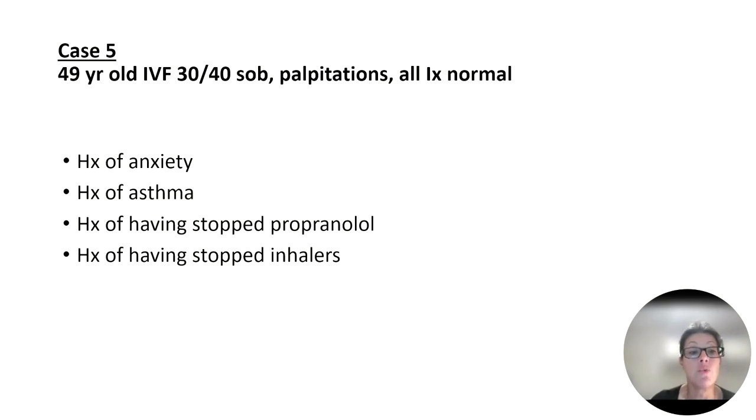So it was literally taking a good history on this lady, with the benefit of the negative investigations, that meant we could reassure her and appropriately start her back on her inhaler and give her bisoprolol rather than propranolol, which is more of a selective beta blocker that would not affect the bronchial tree.